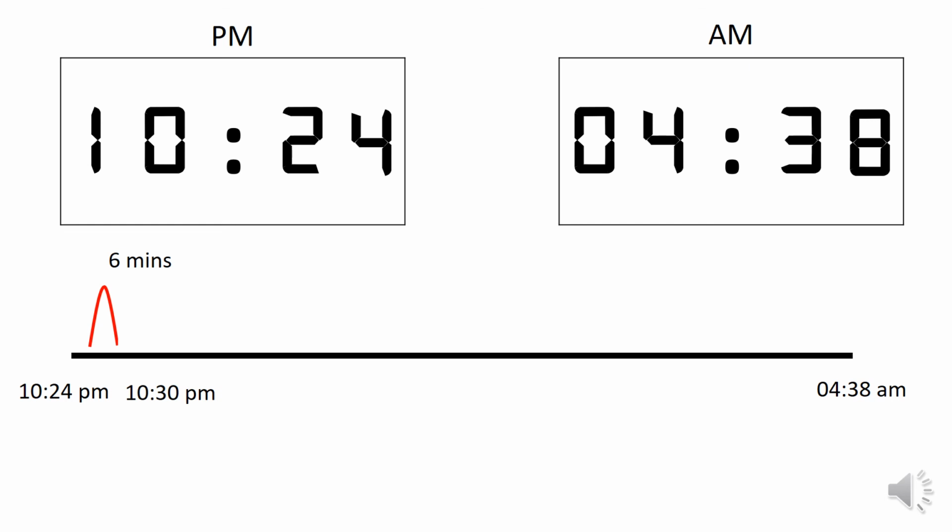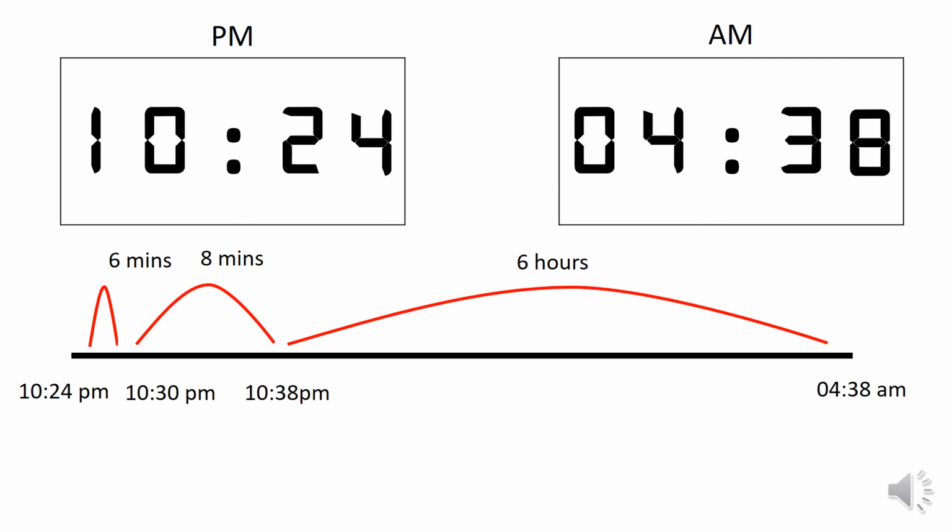Now remembering we're going overnight, so it goes up to 12 and then back down to 1 again. So I'm going to add 8 minutes, which gets me to 10:38. Then add on 6 hours, because 10:38, 11:38, 12:38, 1:38, 2:38, 3:38 and 4:38. That's 6 hours. Adding all up together, I get 6 hours and 14 minutes.